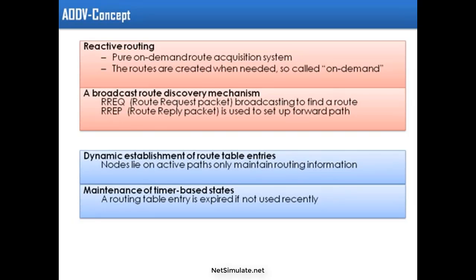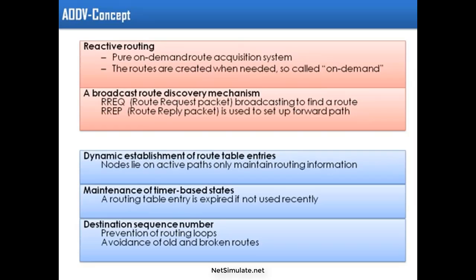Now, when any entry is made in the table, a timer is also associated with it. That timer specifies at what time that entry should be removed from the table. And the third one is the destination sequence number.